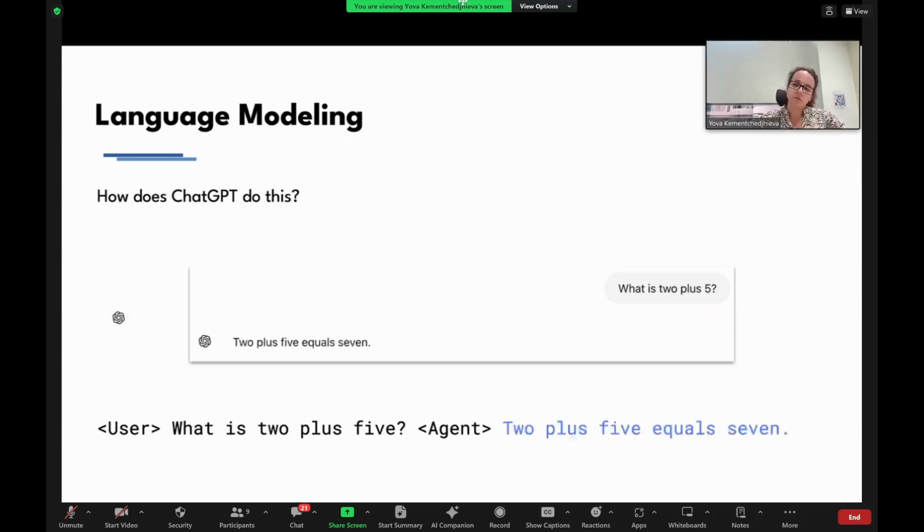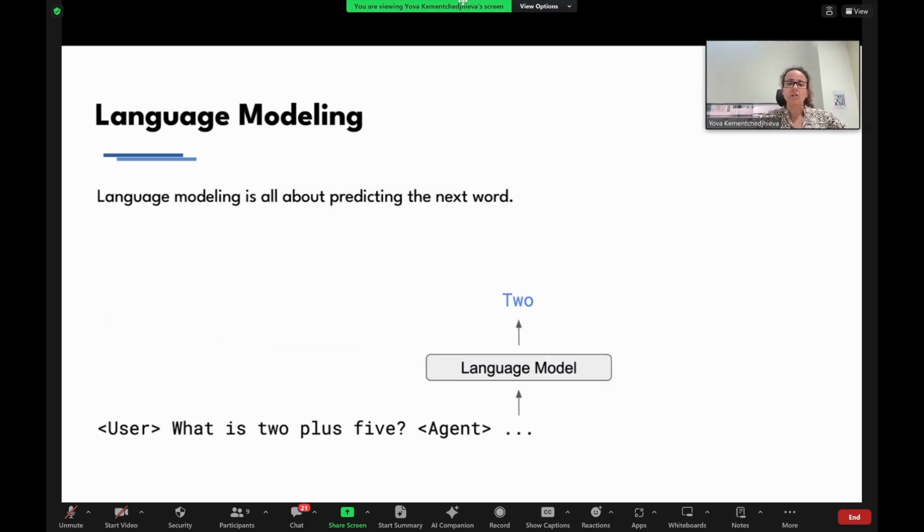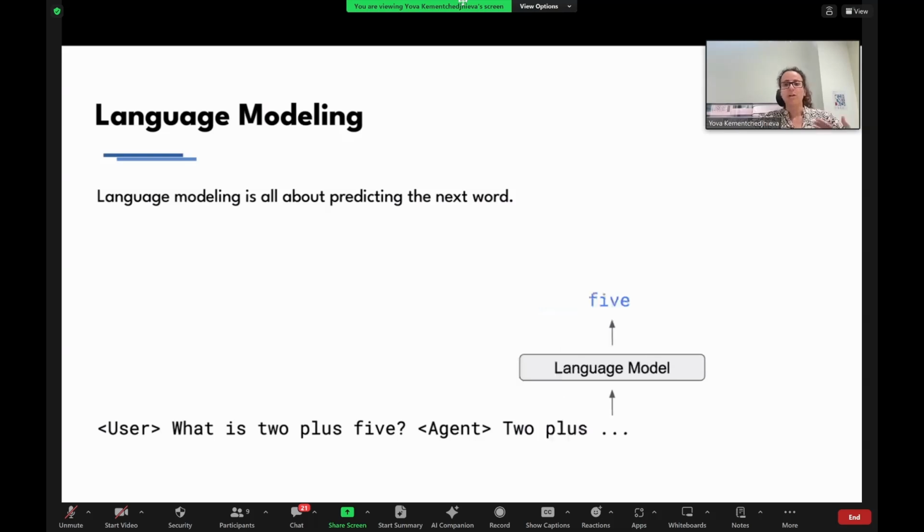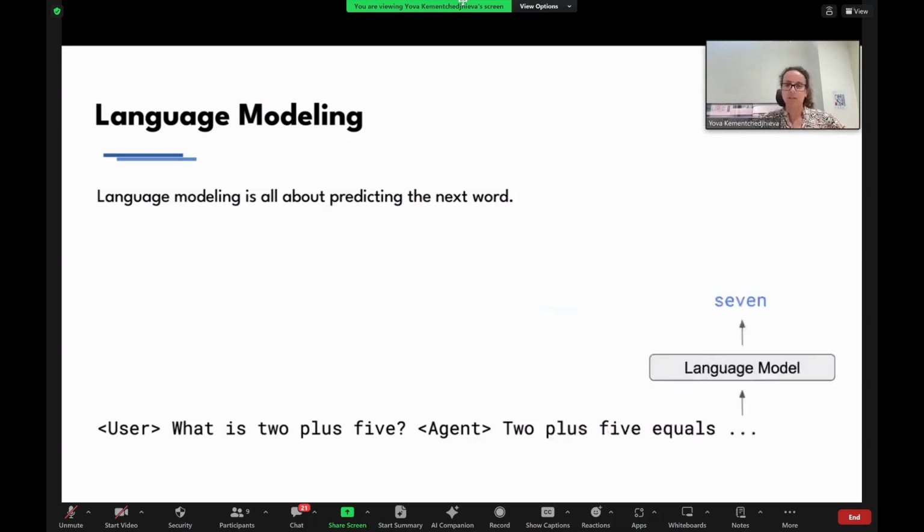Or rather, it has to generate the full string that we see as an answer. But effectively, it's generating one word at a time. So given our question, it might start by generating the word 2, then plus, then 5, then equals, and finally, the key answer here, the word 7.